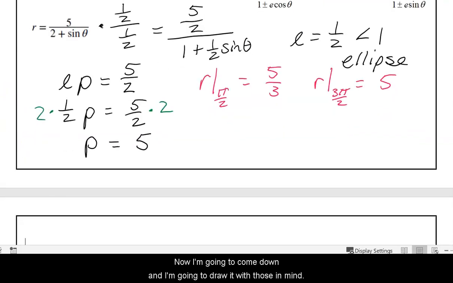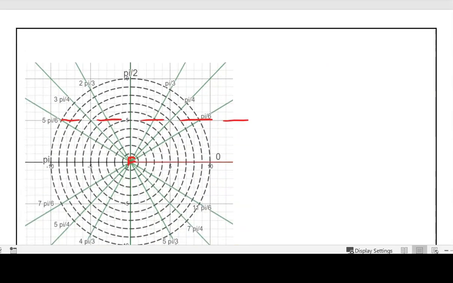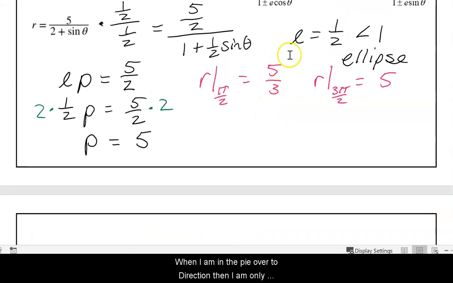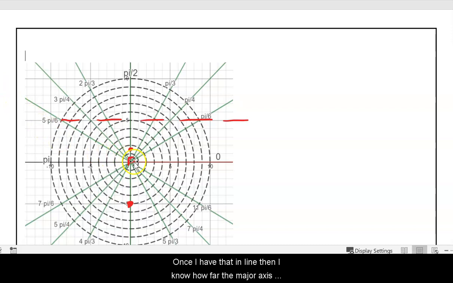Now I'm going to come down and I'm going to draw it with those in mind. That means that when I'm coming from here and I'm going down in the 3 pi over 2 direction, I should be down here at 5. When I am in the pi over 2 direction, then I am only coming up to 5/3, which is 1 2/3, or about here.